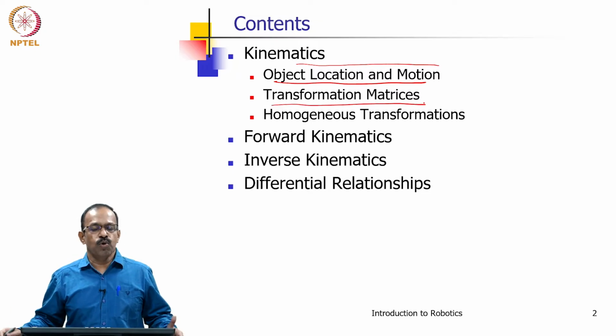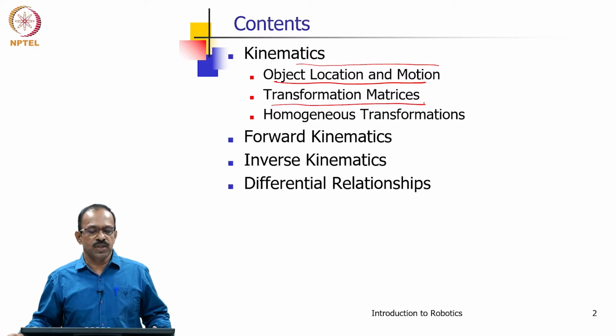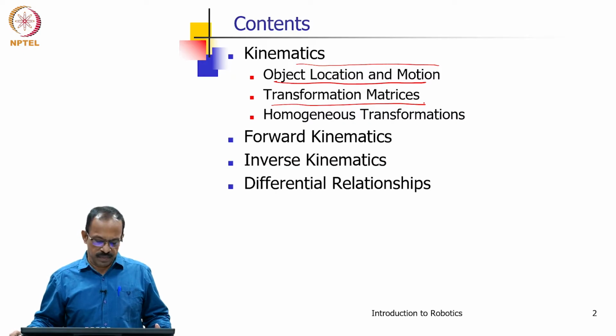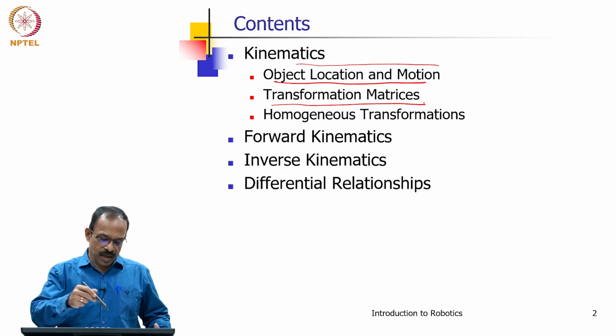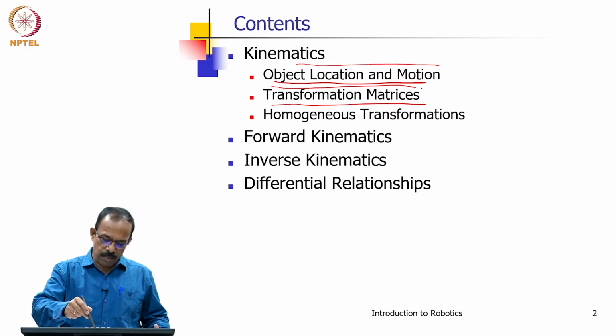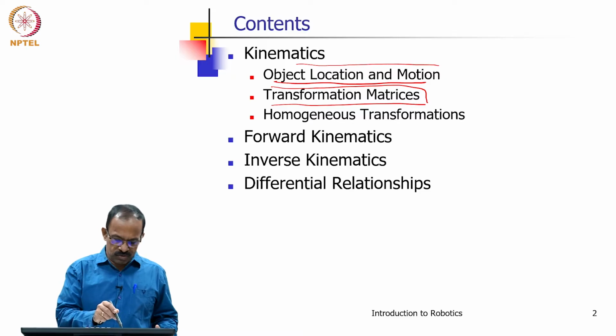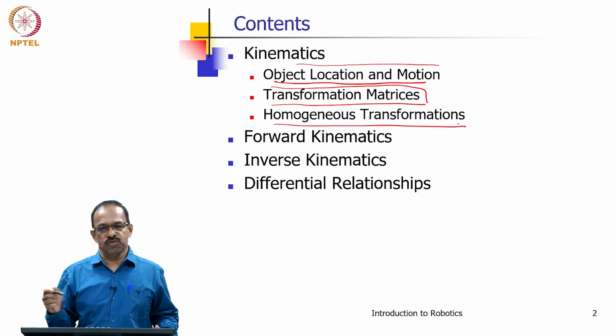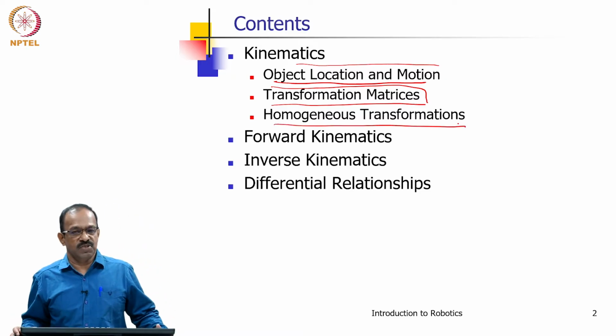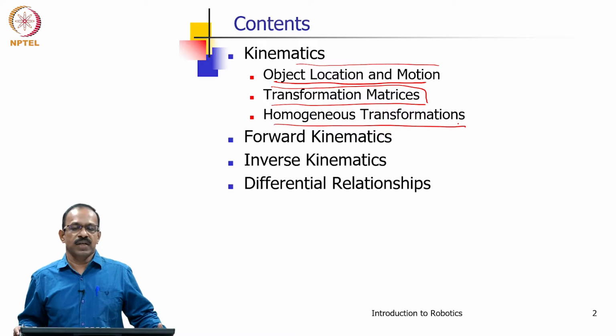If an object is moving in 3D space, and the movement includes translation and rotation, then how do we represent these transformations? This can be explained using transformation matrices. Then we talk about something called homogeneous transformations, which we need to use to represent the object transformation.